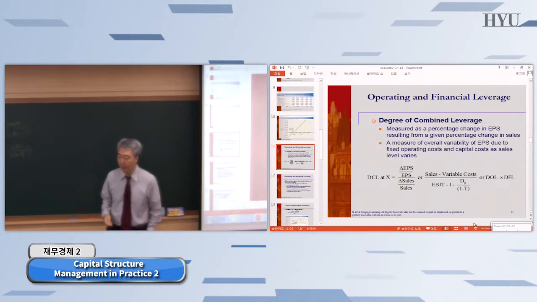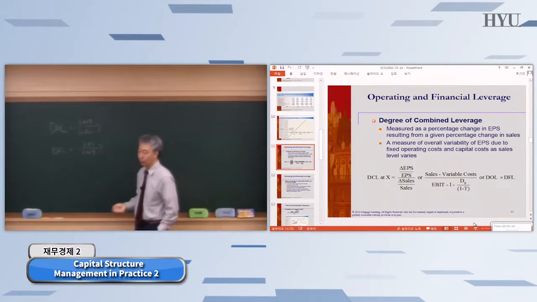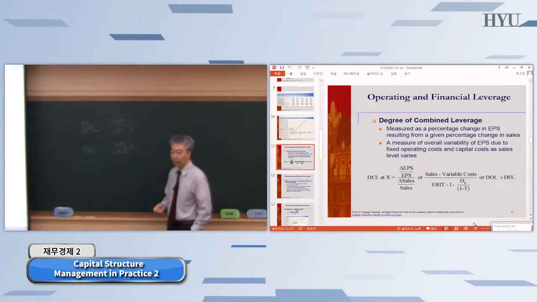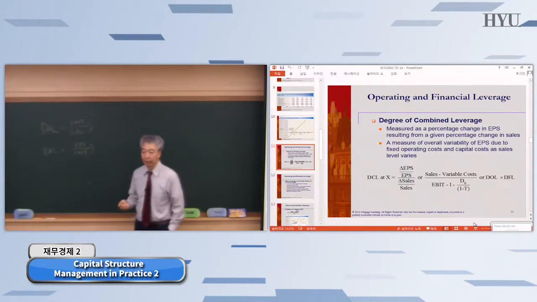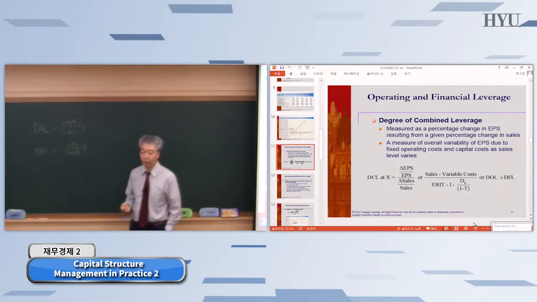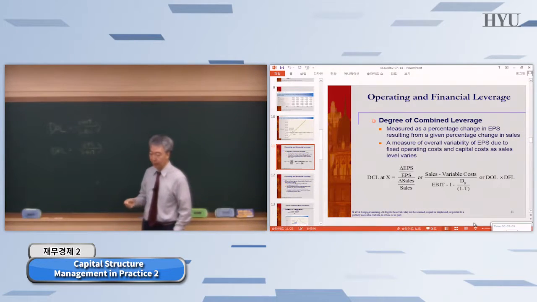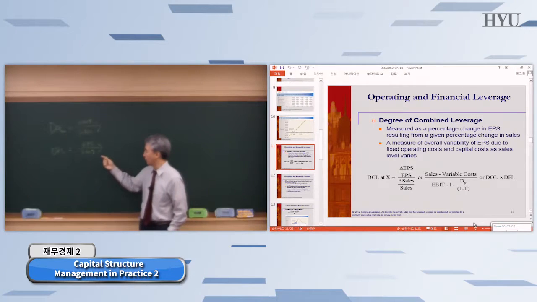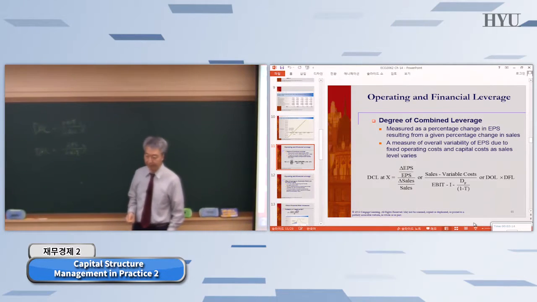You can increase the EPS quickly. If you have more debt, meaning a larger fixed interest charge, that increases DFL, so when operating income increases by say 10%, earnings per share can increase by 24%.